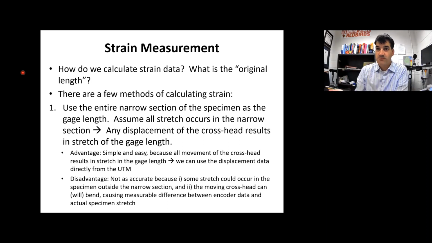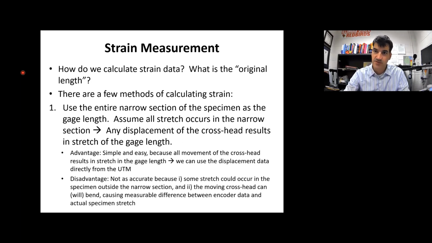So we could make the assumption that if the moving crosshead of the machine moves by 1/4 inch, then this section right here has stretched by 1/4 inch. All right, so that's a bit of an assumption. It's usually a pretty decent assumption, but not always.